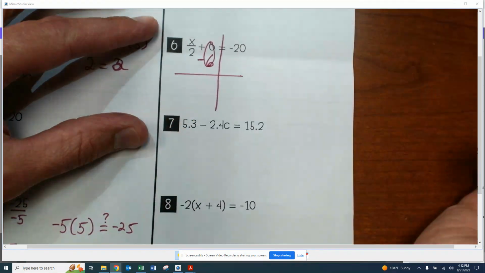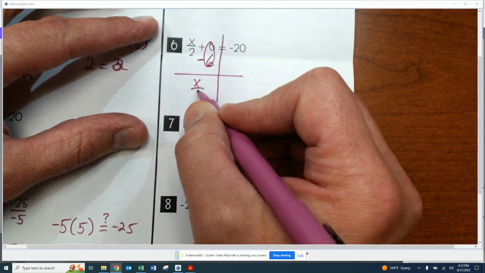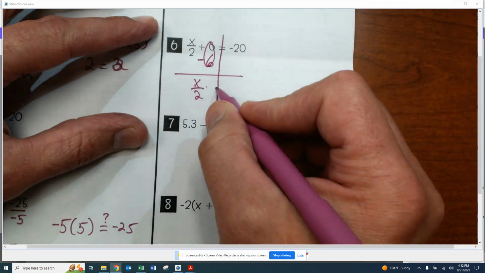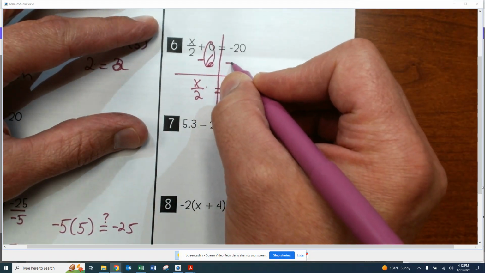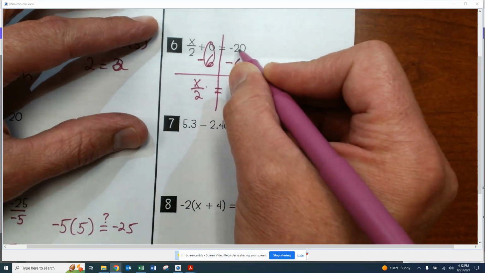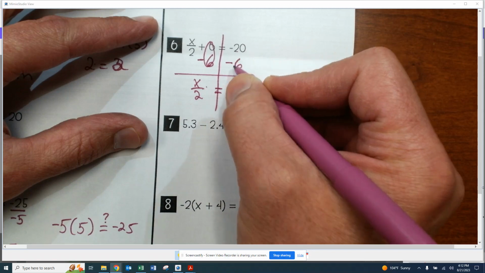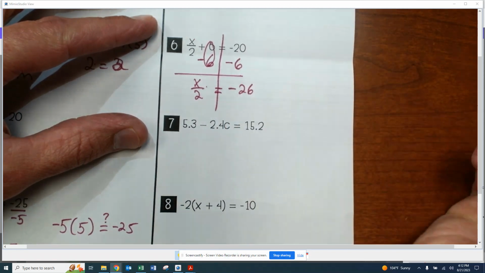That's going to give me a big old 0. X divided by 2 plus 0 is just x divided by 2. Whatever I do to one side, I have to do to the other. So this is negative 6. Negative 20 minus 6. So if I have a 20-foot hole and I dig 6 more feet, that's negative 26.